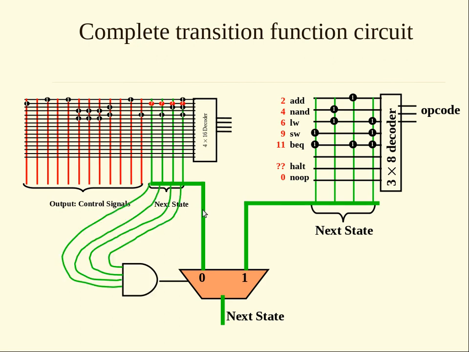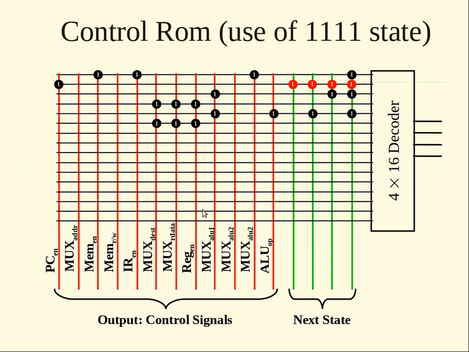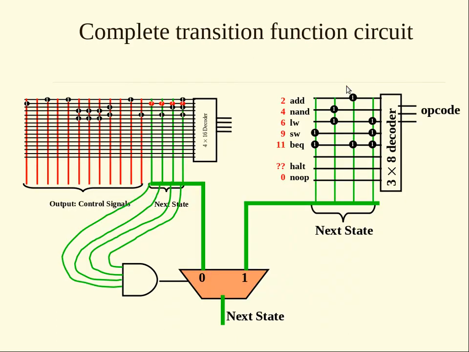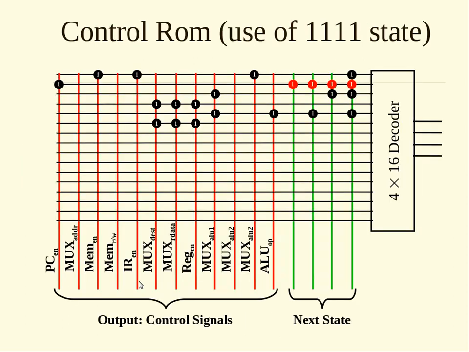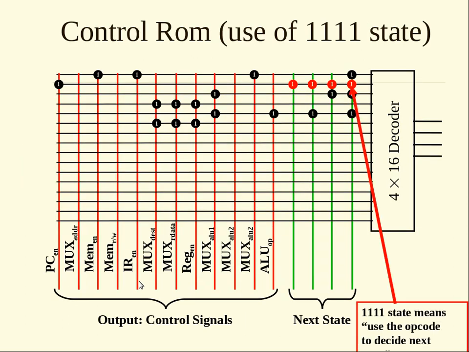Otherwise, we're always using what's in the control ROM. So in this case, they've made a bunch of 1s, and that would signify that, hey, let's select 1 instead of 0 because we are sending it to an AND. Perfect. 1 means use the opcode to decide the next instruction.